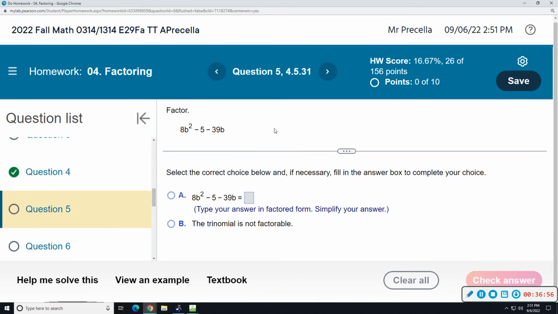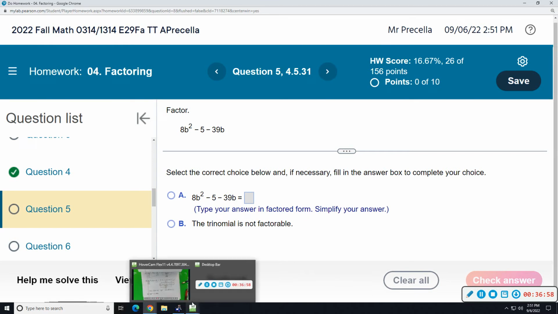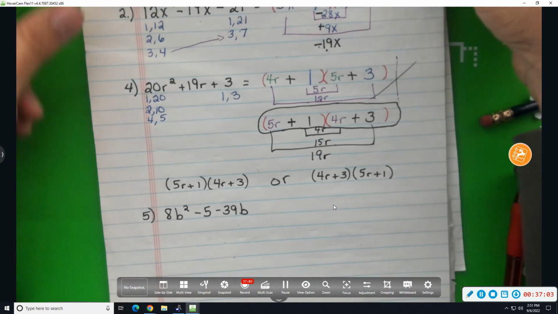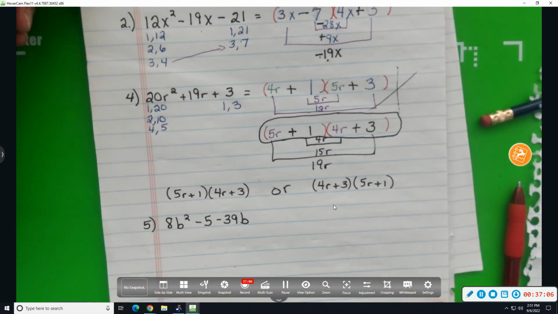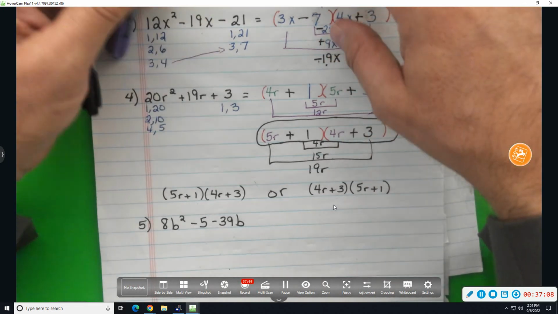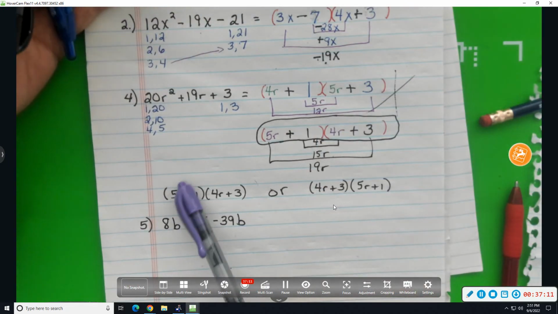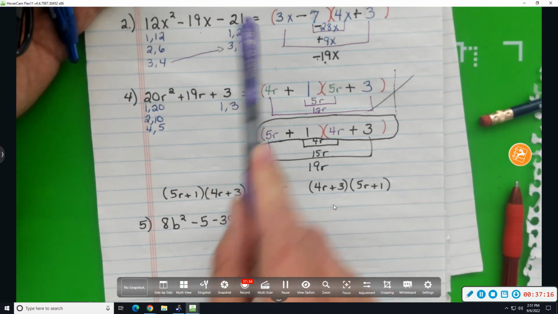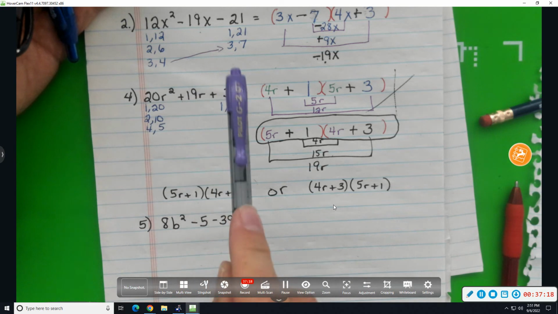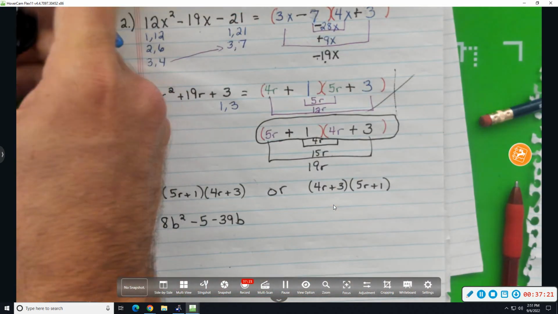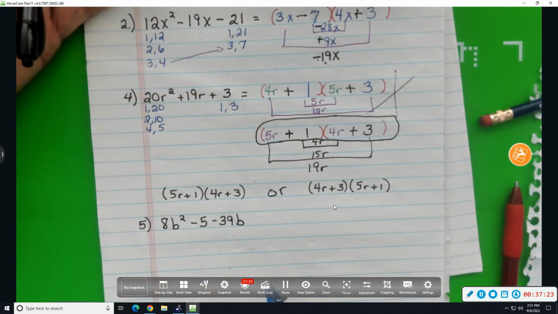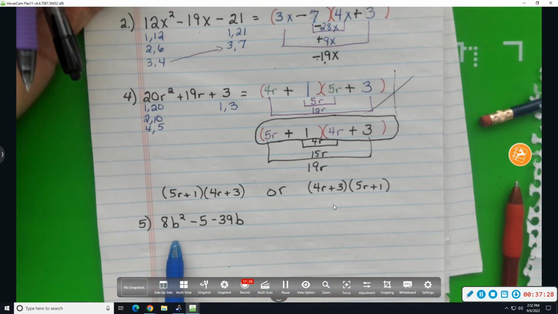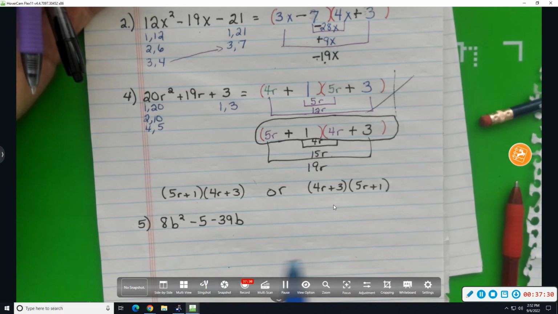Now, there's something wrong with the way this problem is written. These polynomials, these algebraic expressions, should be written in what's called descending order. Notice, x squared, x, constant. R squared, R, constant. Here, it should be in the form b squared, then b, and then no b.